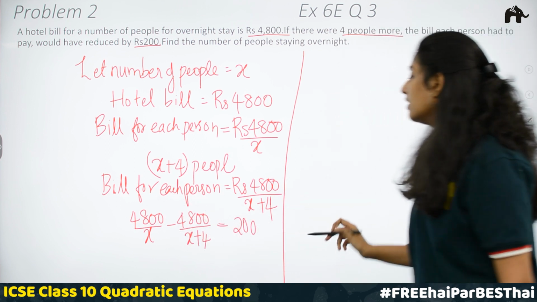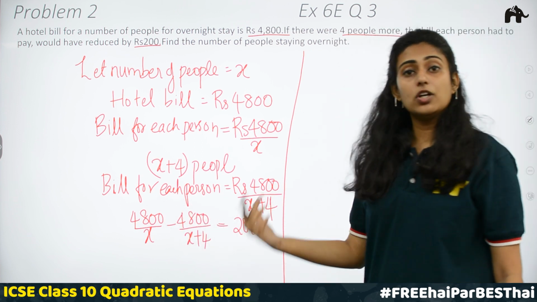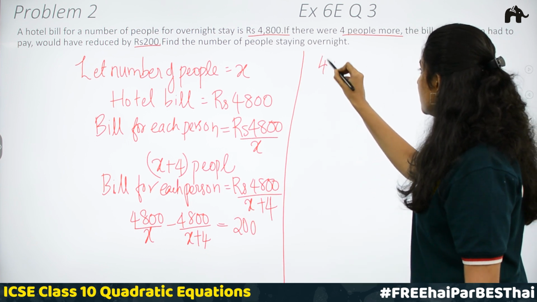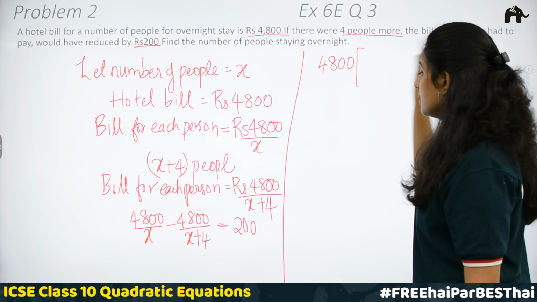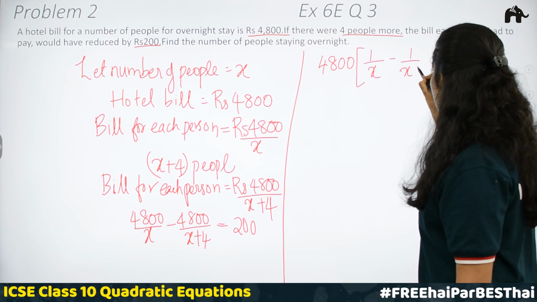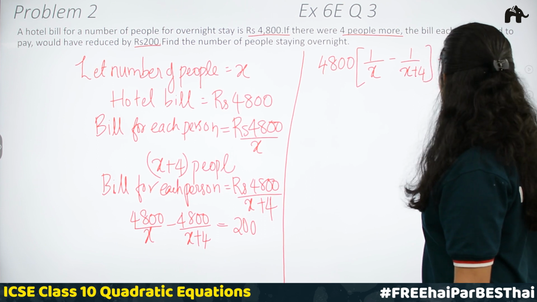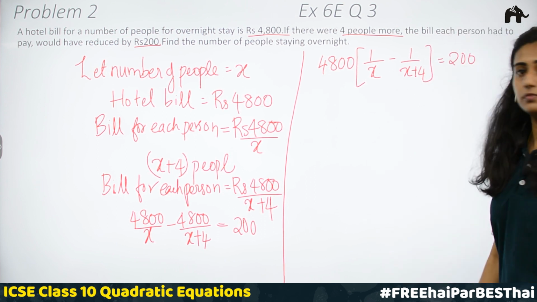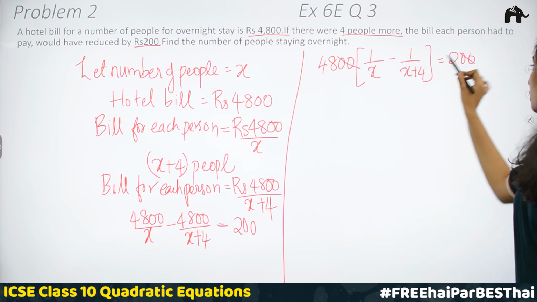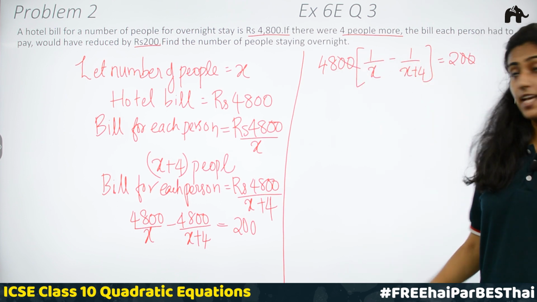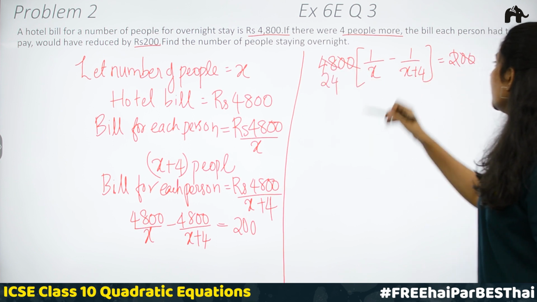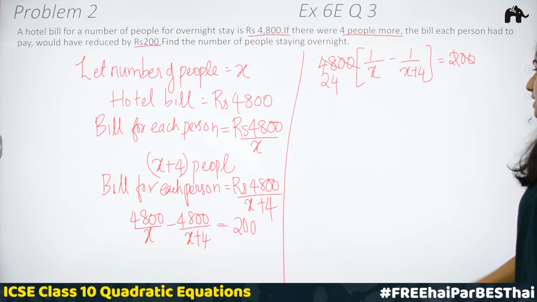Now, this should be converted to a quadratic form. 4,800 is common. 1 by x minus 1 by x plus 4 is equal to 200. Okay, we can cancel out these zeros. 2 and 48 can be cancelled. It becomes 24. Okay, taking this to the opposite side.